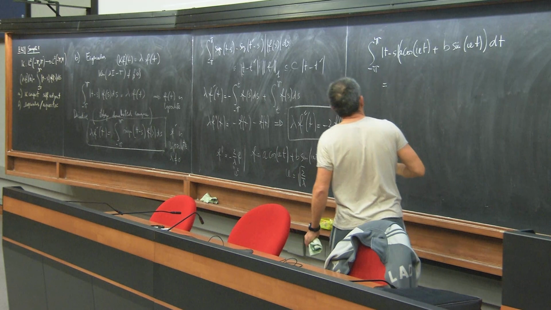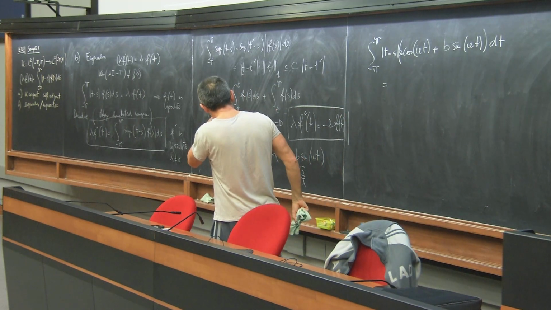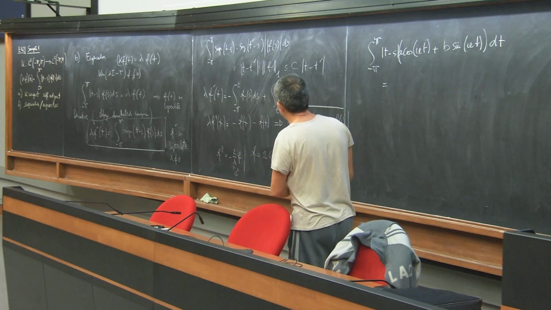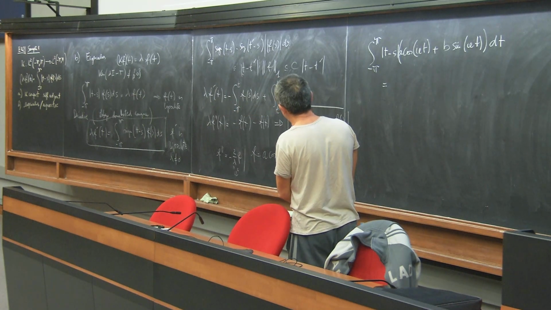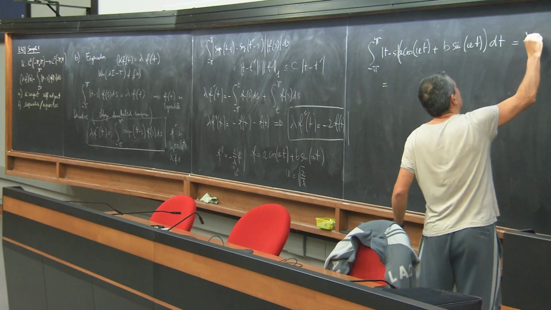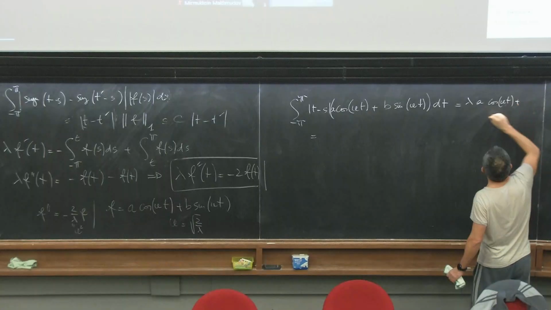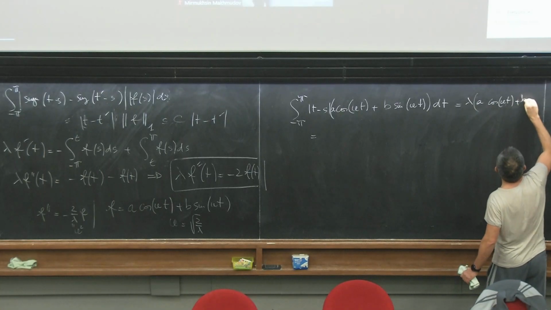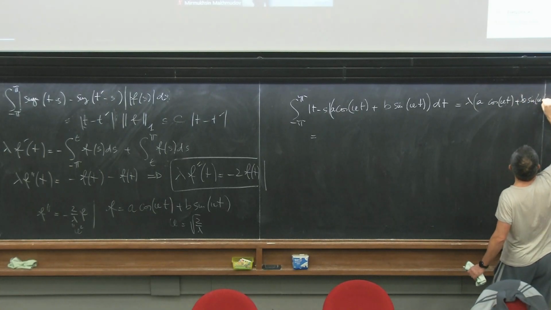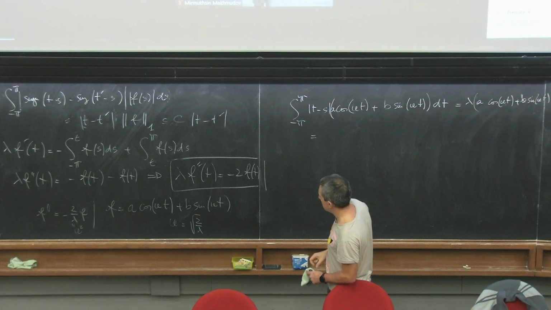Okay, and this should be computed, and I get a very ugly expression. This is equal to lambda times a cosine of omega t plus b sine of omega t. However, it seems the computation is a little long, so I wonder if there is a short way.